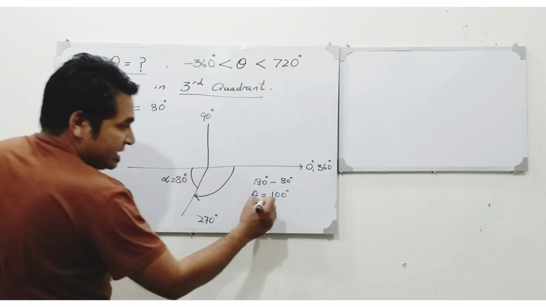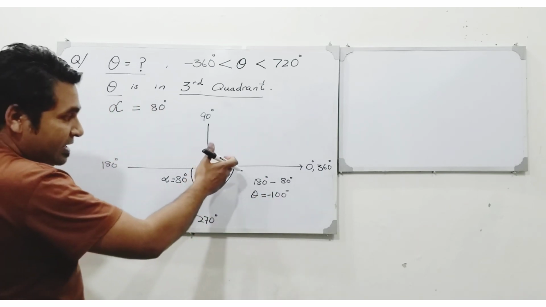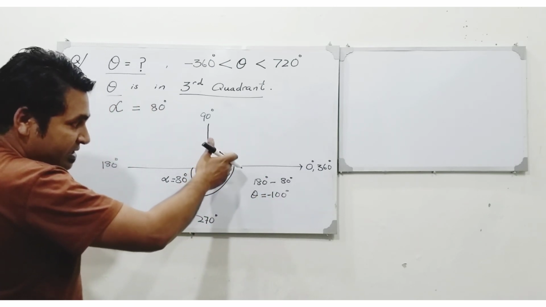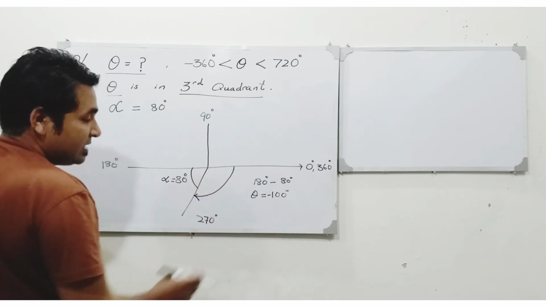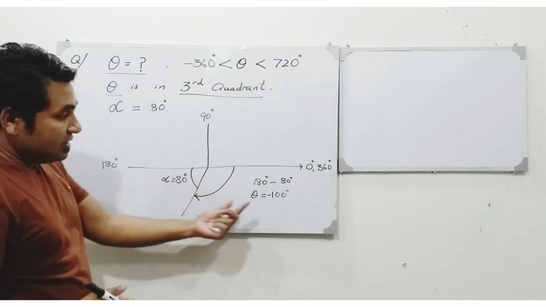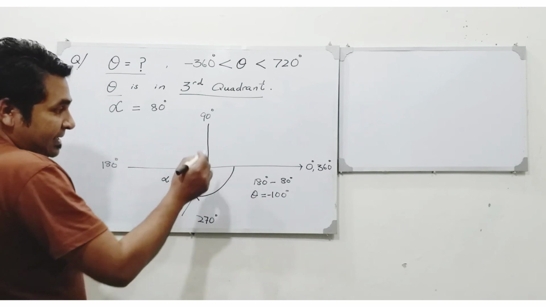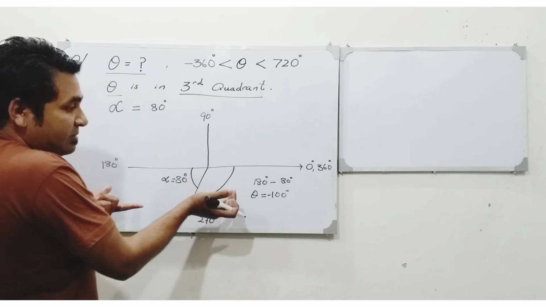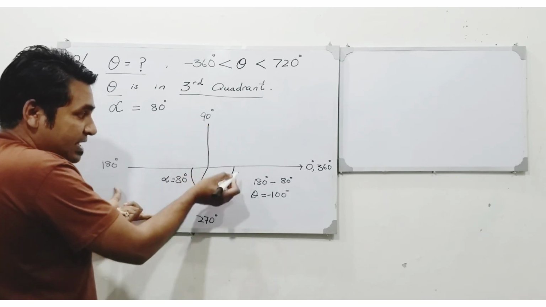And it will come with a negative sign, because you know that whenever we are measuring theta in clockwise direction, we always use a negative sign. So this is the negative value of theta. Now we will discuss its positive value. When we discuss its positive values, we will move in anti-clockwise direction.